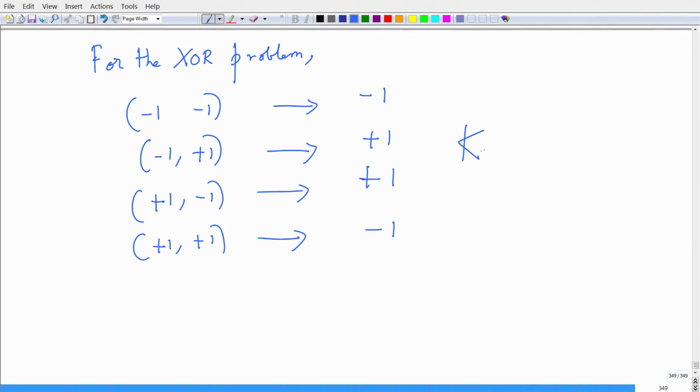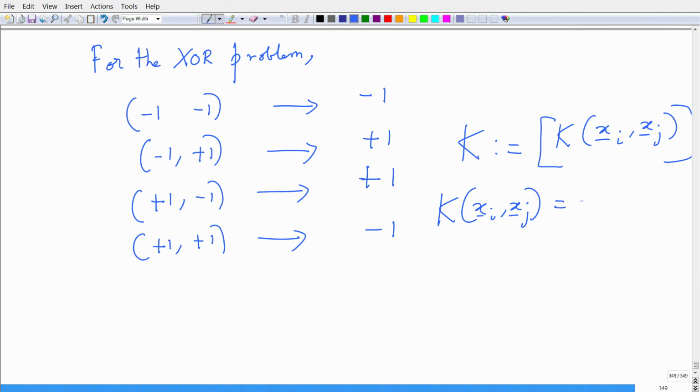I can formulate the Gram matrix K where each element of this matrix is the kernel that acts on the vectors xi and xj, given by k of xi comma xj equals phi transpose xi times phi of xj.